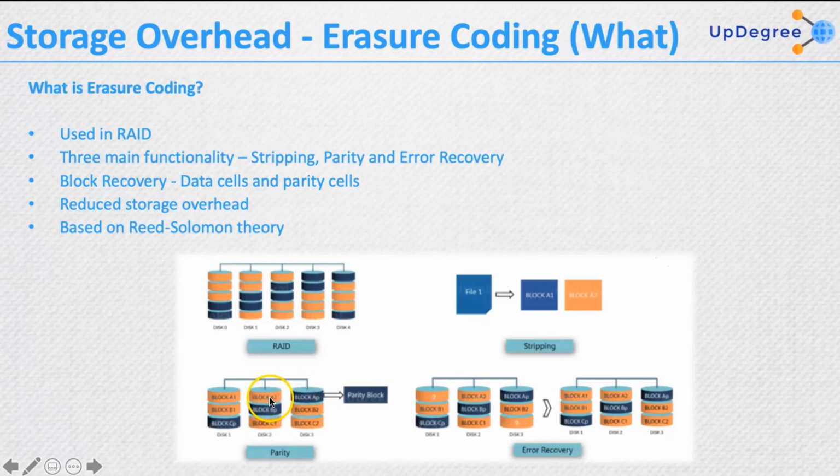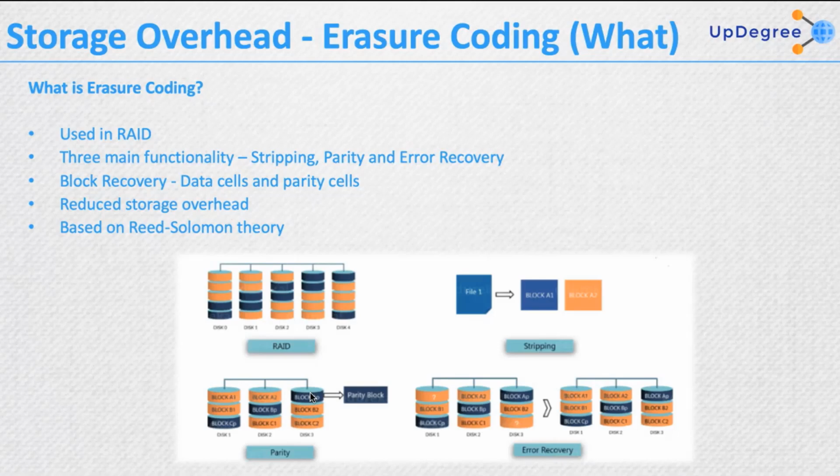If block A1 is on disk 1 and block A2 is on disk 2, what do we have on disk 3 for A? That is AP, which is a parity cell, right? So it takes the data from block A1 and block A2 and creates a parity in another disk for it. This is how the algorithm will work to convert into a parity.